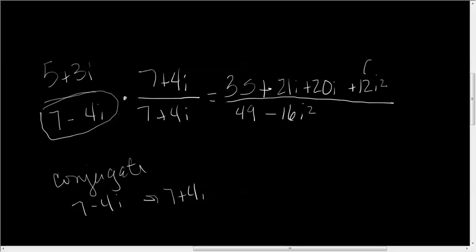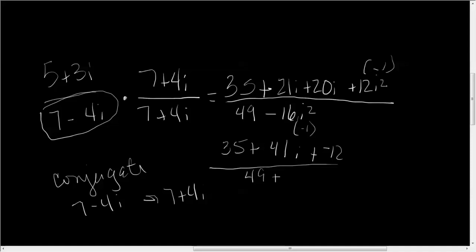So this is 35 plus 41i plus negative 12 over 49. And this also becomes negative 1. So negative 16 times negative 1 becomes positive 16.